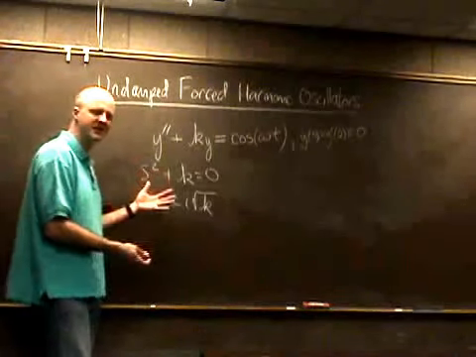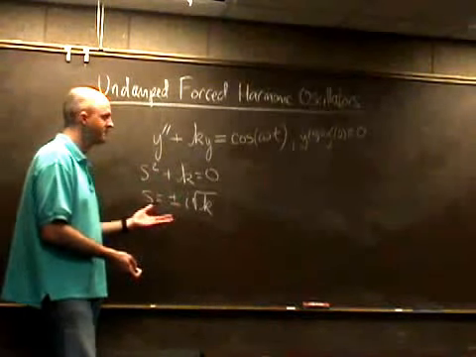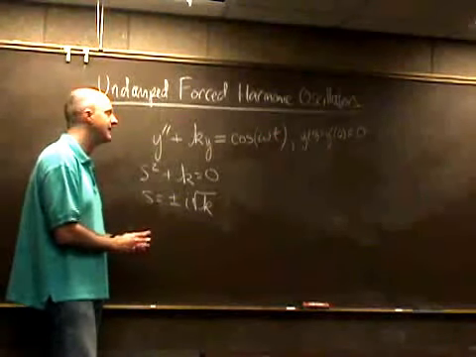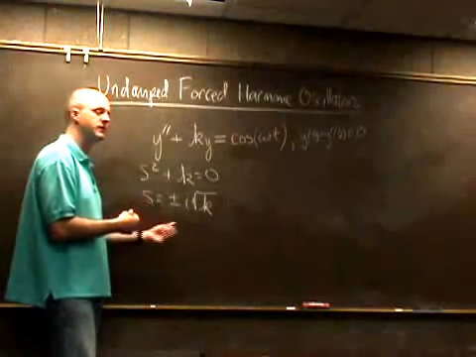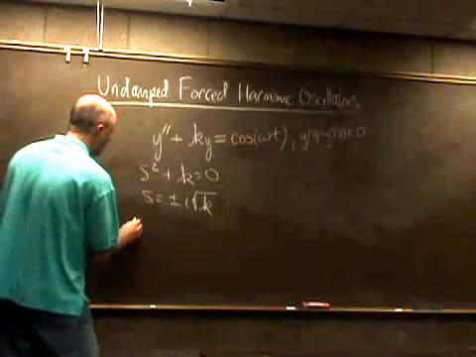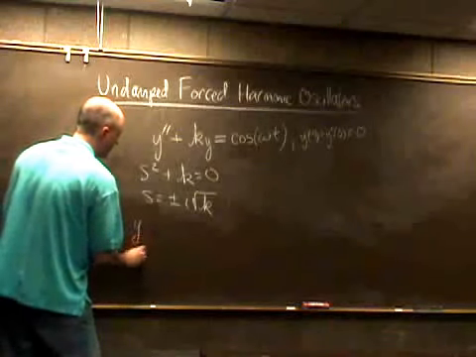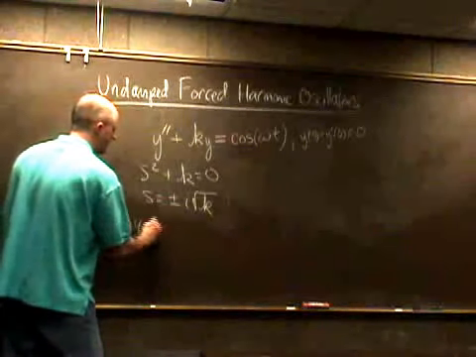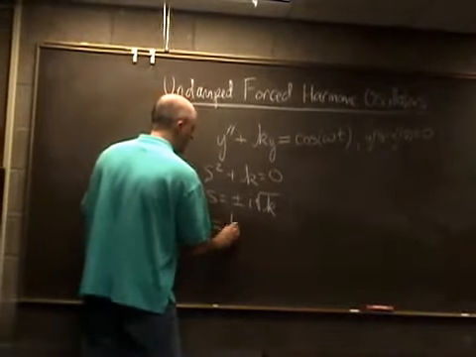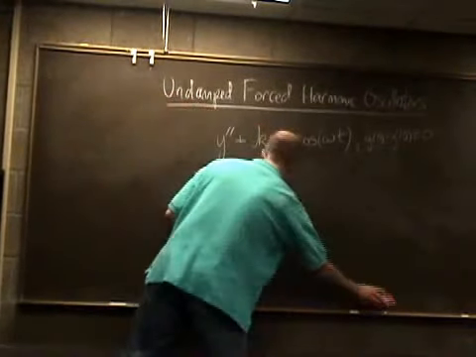I'd initially write that as square root of negative k, but then thinking of negative k as negative 1 times k, I'd pull out the square root of negative 1 to get an i here. And ultimately, by using Euler's formula and peeling off the real and the imaginary parts into a linear combination, you'll get your y_h to be, well, maybe I should use something besides k.